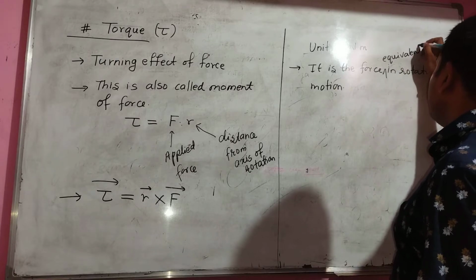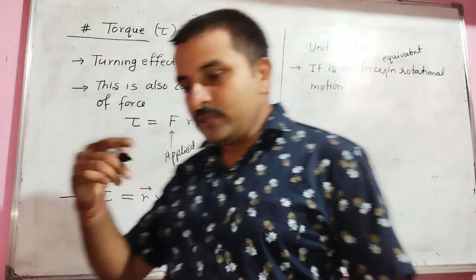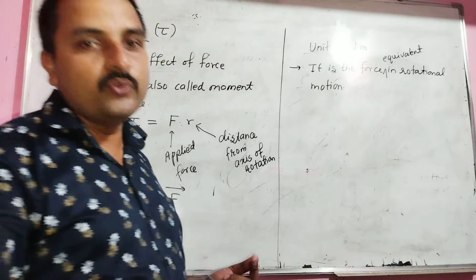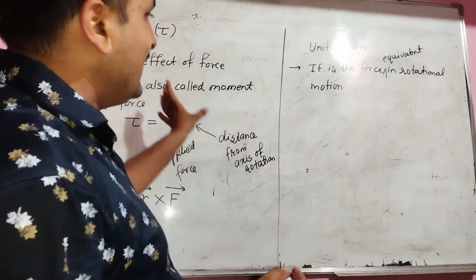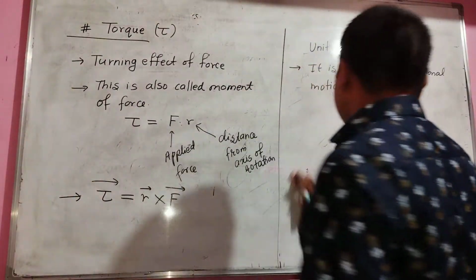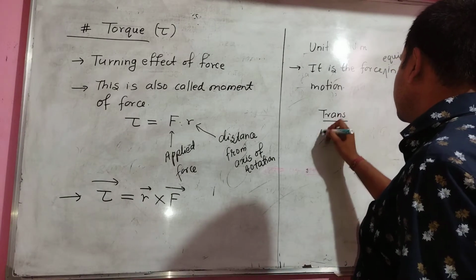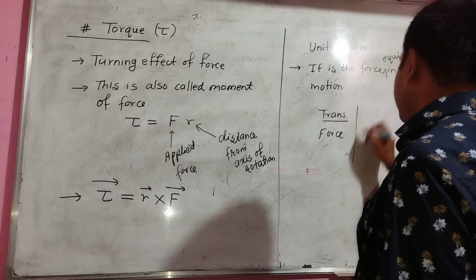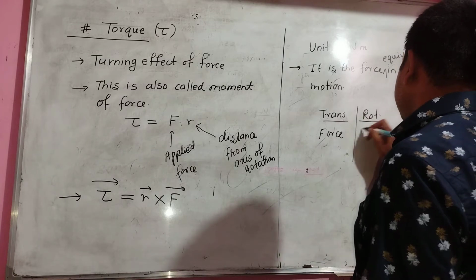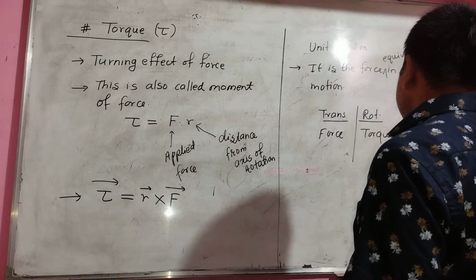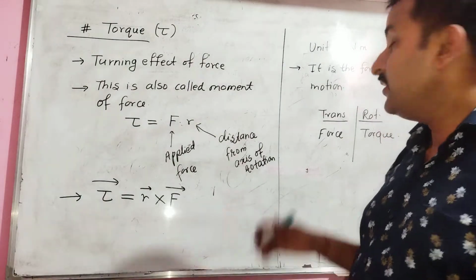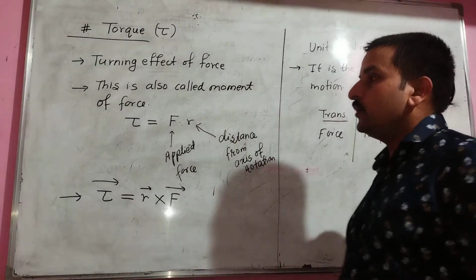Otherwise you may get confused about how it is different from force. In translational motion there is force, and in rotational motion there is torque. So you should understand it is the force equivalent in rotational dynamics.